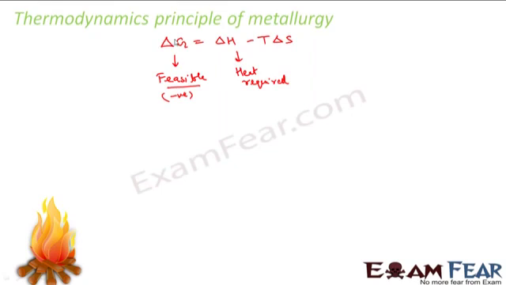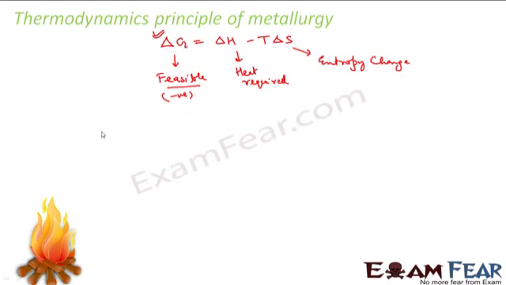So delta G gives free energy, delta H enthalpy, T is temperature, and delta S is entropy change, that is, change in randomness of the system. Correct. But the main thing is delta G. Delta G will tell you exactly if the reaction is feasible or not, whether the reaction occurs or not. So the role of the reducing agent is actually to provide a large negative value of delta G.